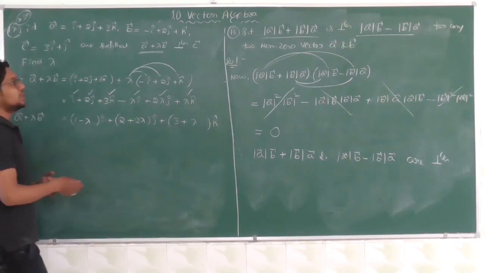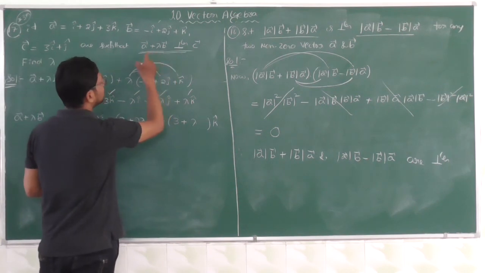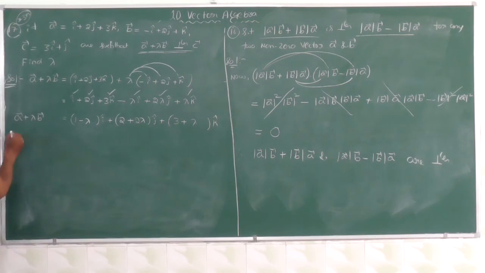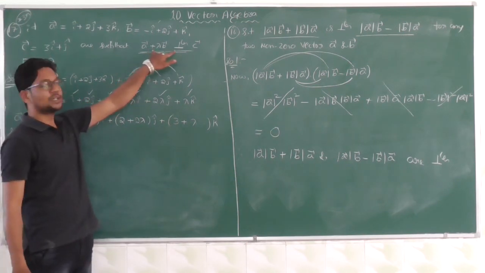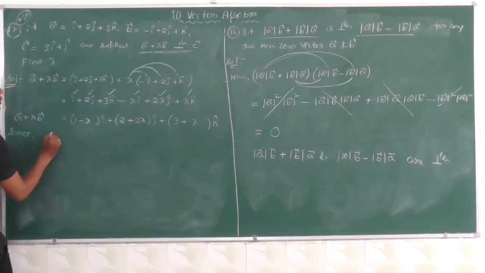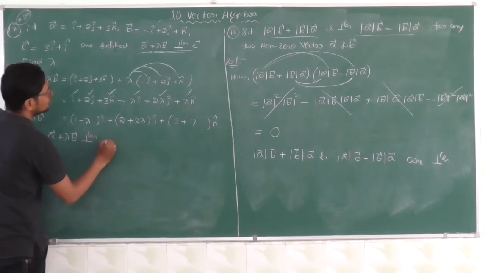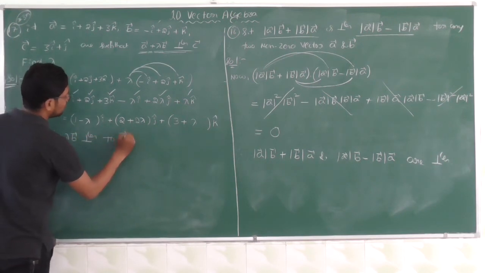Next, what is given? A vector plus lambda times B vector is perpendicular to C vector.